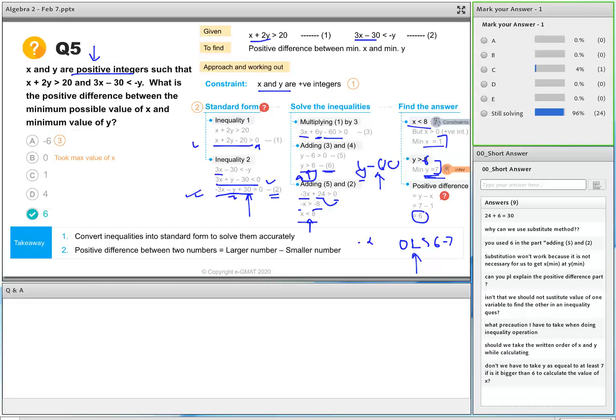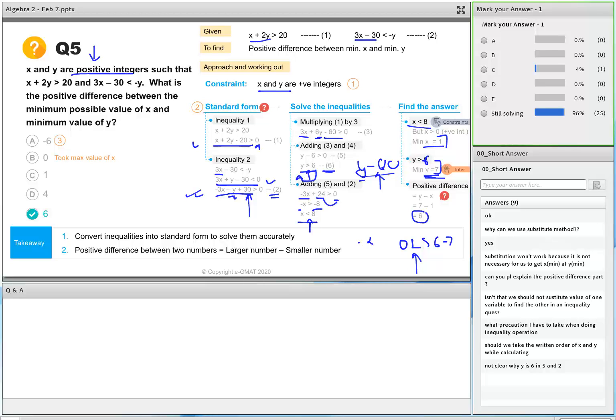I hope this is clear to you, Rob, and everyone else who had a problem with this part. Y minus 6 is greater than 0. So if I add it to this inequality, you get to the range of y and x, right? Very good question.